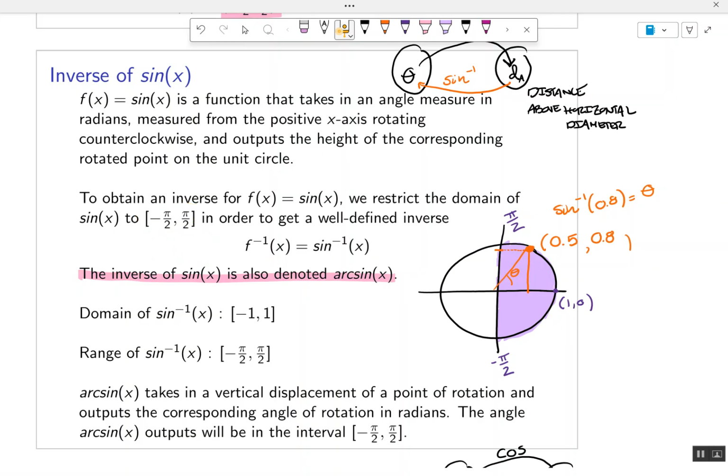Because I want to get my negative 1 and 1 for the distance above. And if I restrict the domain of sine, then we pass the horizontal line test, and we now have an inverse that is a function.